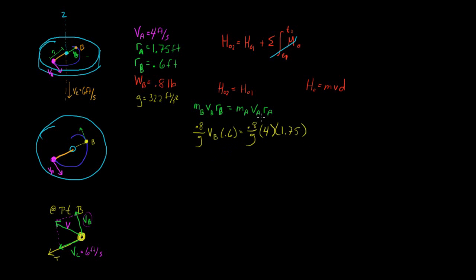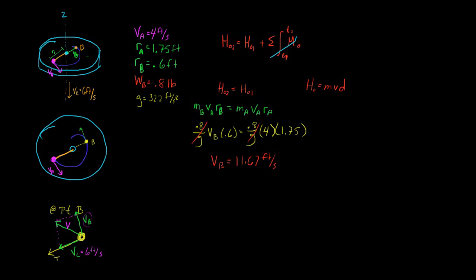So if we solve this equation, the mass actually cancels out because it doesn't change. We get the velocity of B is equal to 11.67 feet per second. And that's this component right here.